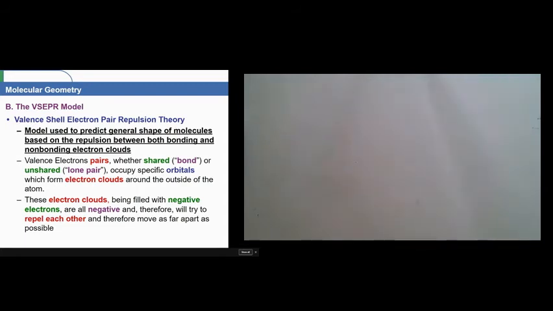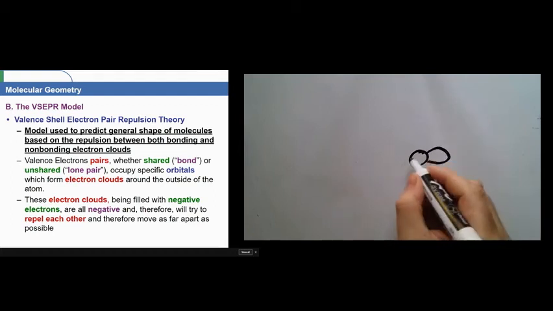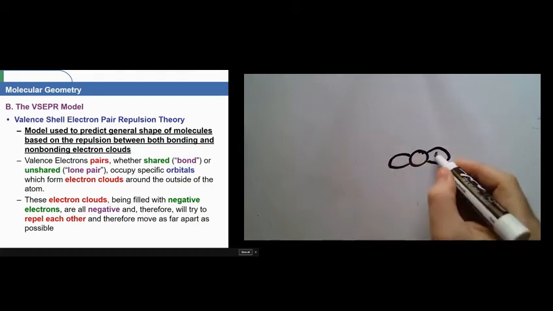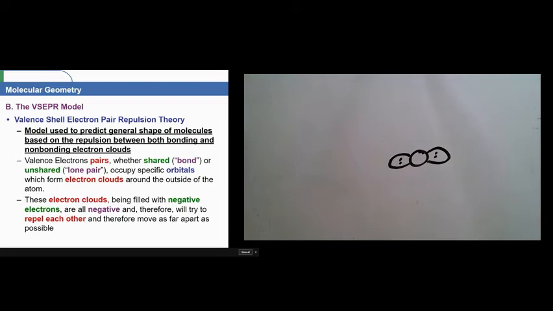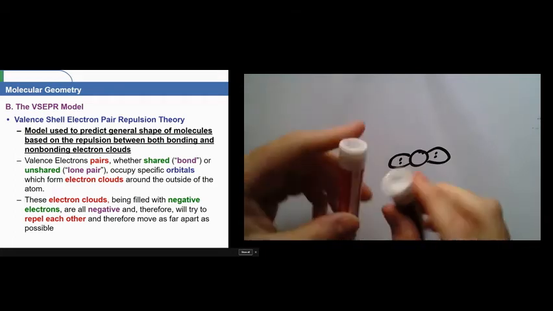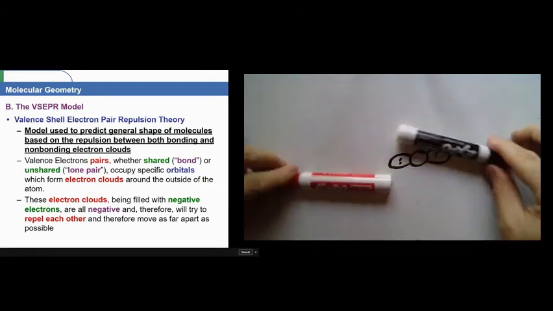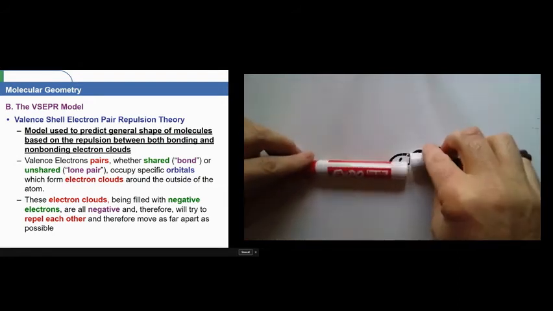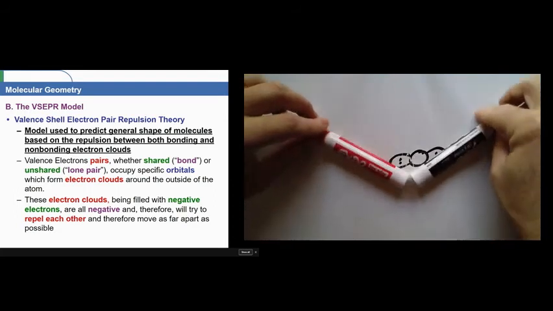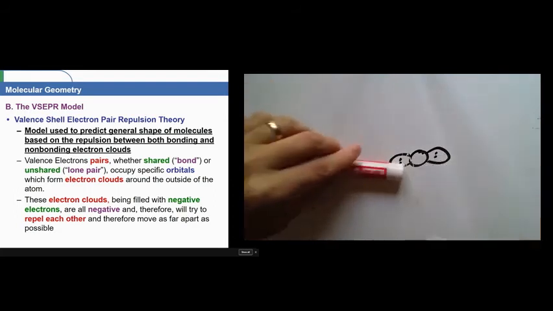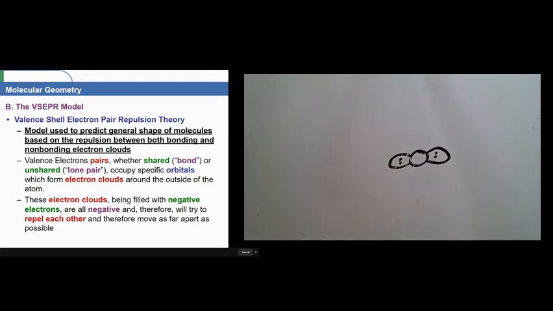Now, if you only had two of them, they would spread out in 180 degrees, wouldn't they? Imagine like these, if these were the electron clouds, they would spread out as far apart as they could from each other. If they try to go closer, they start repelling each other. All right, but what if you had a third one?